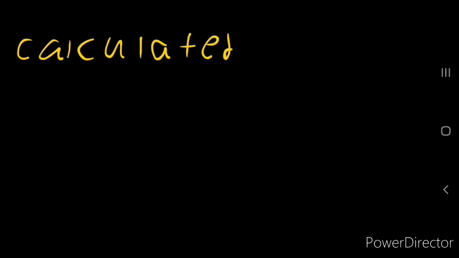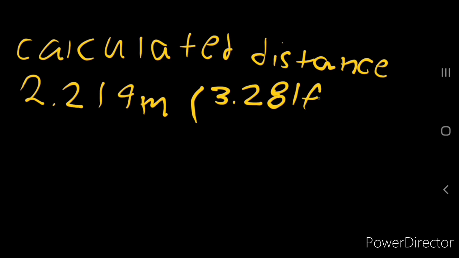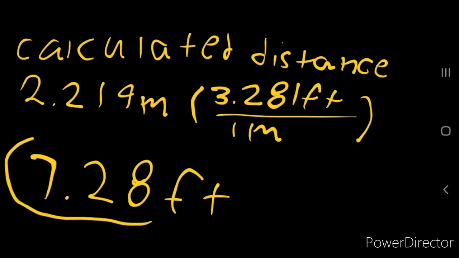Now I'm going to calculate the distance in feet instead of meters. So I do 2.219 meters multiplied by 3.281 feet, and I get 7.28 feet for the calculated.